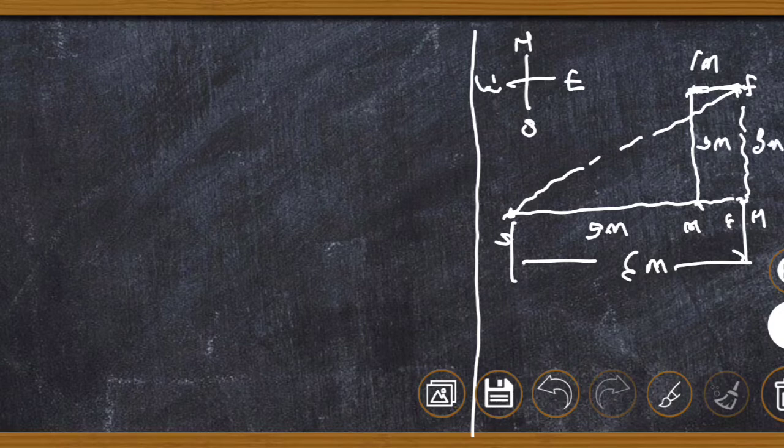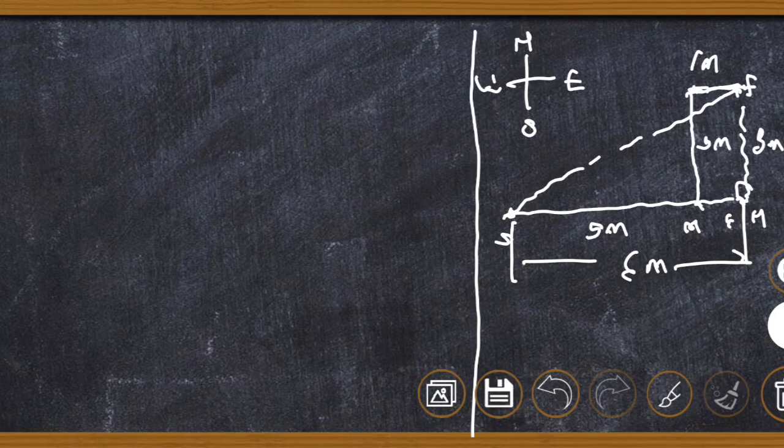Now we need to find the value. If you watch here, at point N this is a right angle triangle. So I can easily find the distance X to F, the displacement, using Pythagoras theorem.